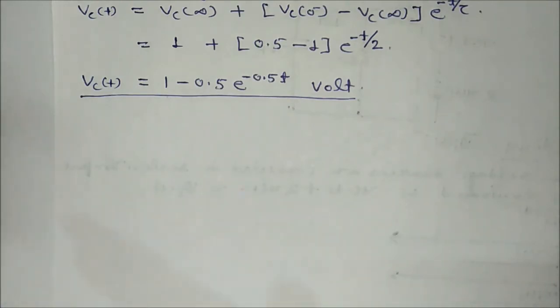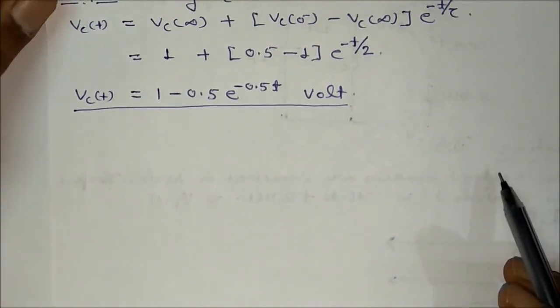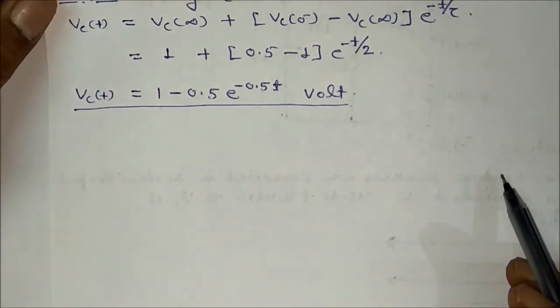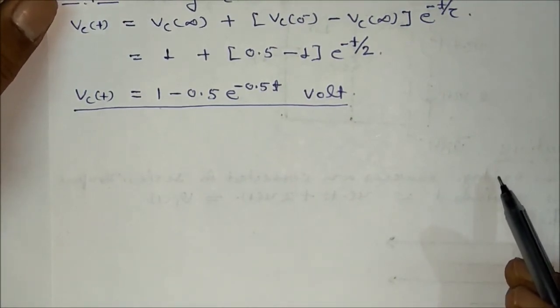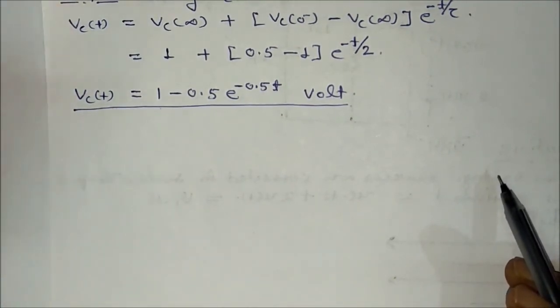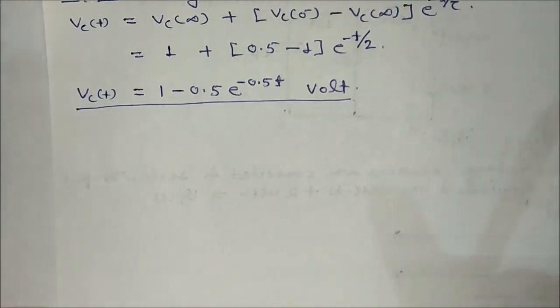I will explain all of that in upcoming lectures. In the next lecture we will discuss the RL circuit and problems based on t equal to 0 plus conditions, which are very important from the ESE and GATE point of view.